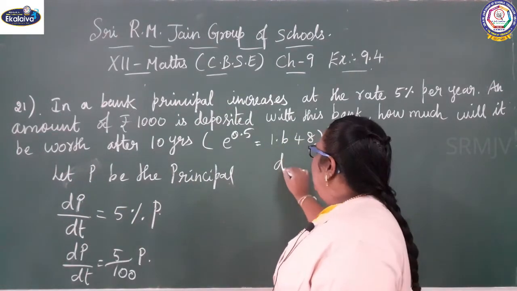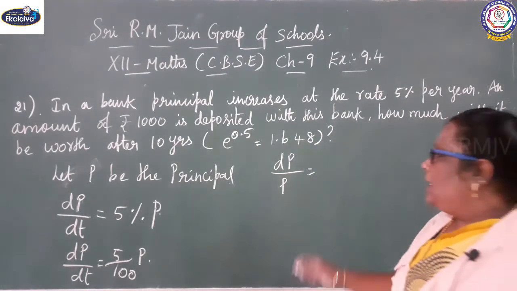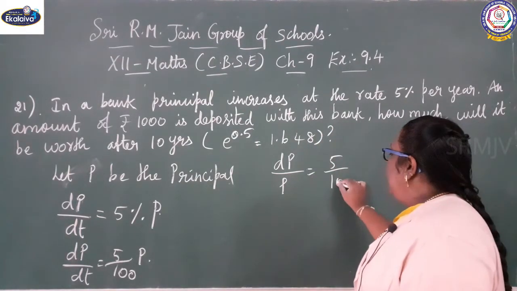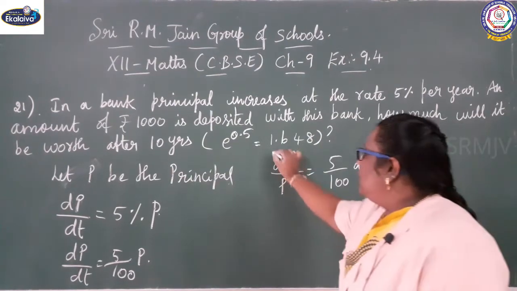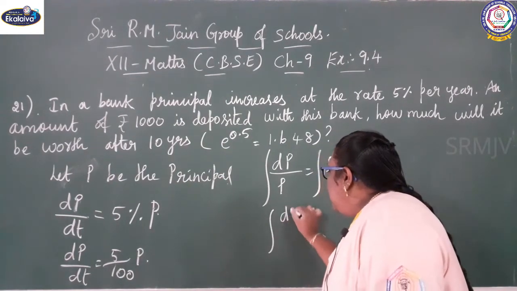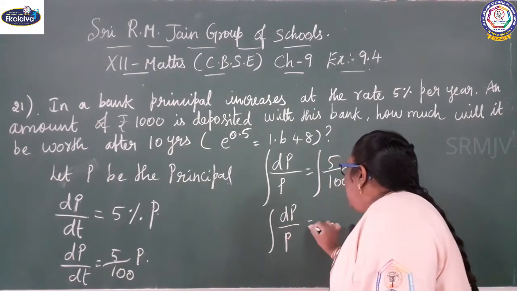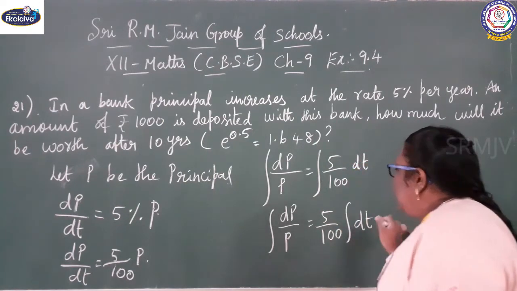dP/P equals 5/100 into dt. Integrating on both the sides, integral dP/P equals 5/100, which is a constant, into integral dt.